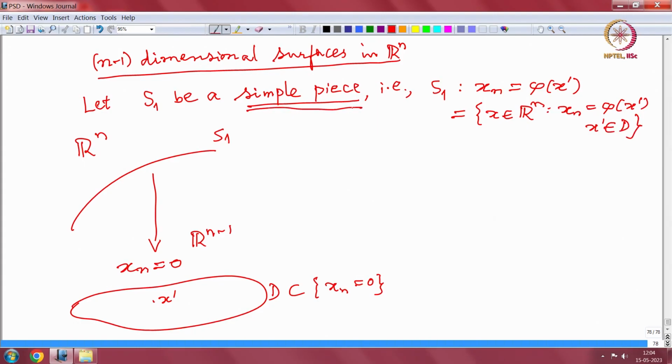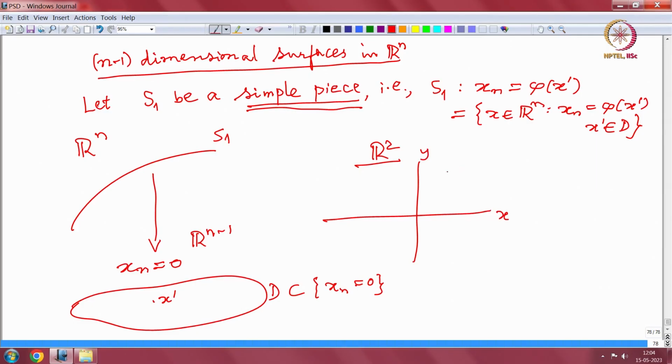On such a simple piece we can immediately integrate. Any surface need not be a simple piece all the time. In 2 dimensions you can get some examples. I will write just x and y.